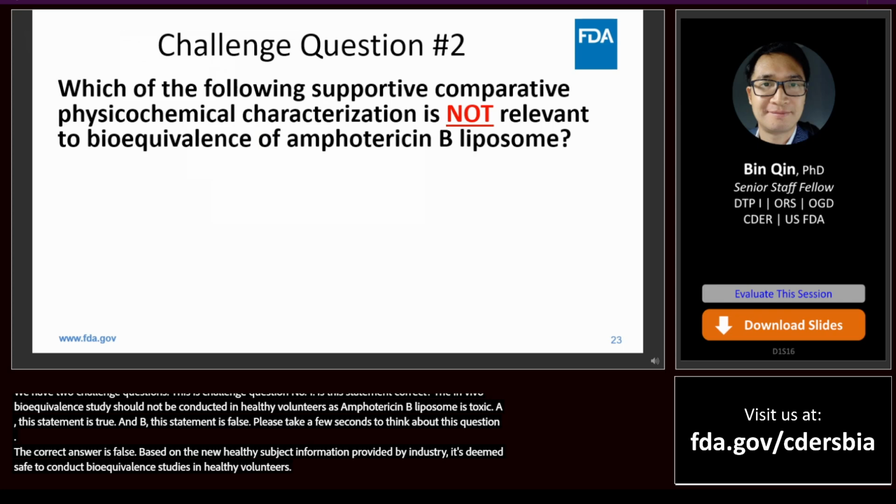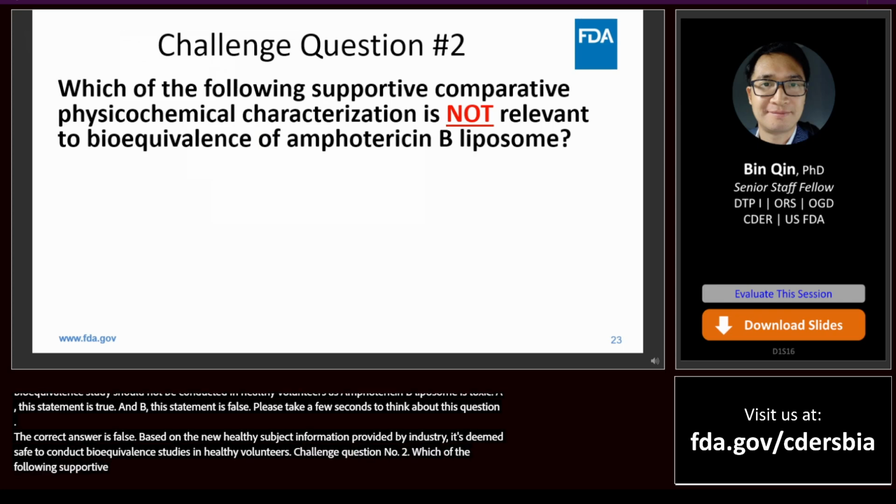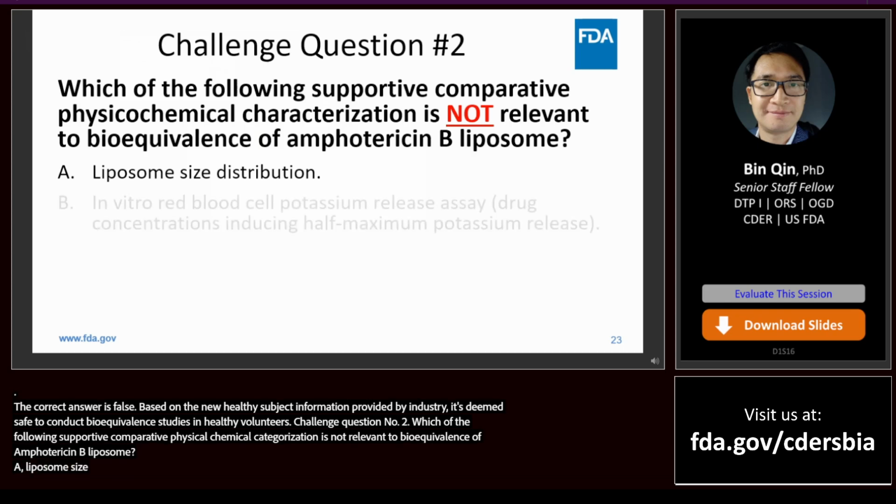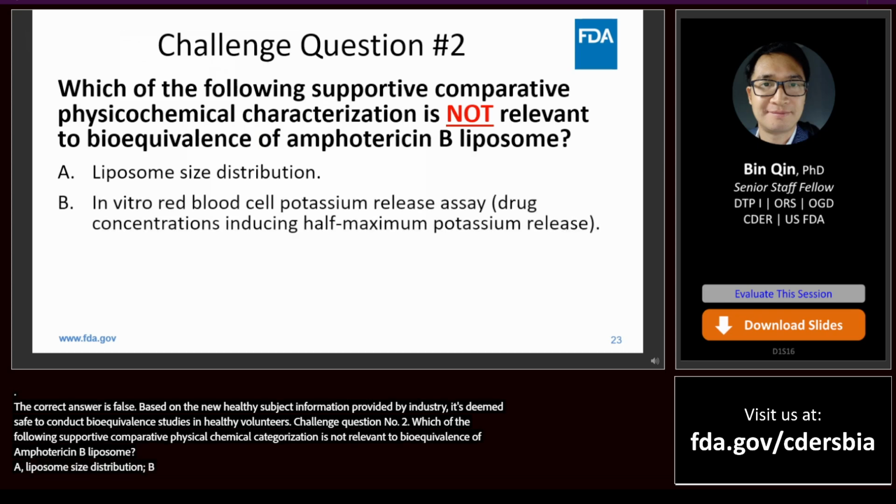Challenge question number 2. Which of the following supportive comparative physicochemical characterizations is not relevant to bioequivalence of amphotericin B liposome? A. Liposome size distribution. B. In vitro red blood cell potassium release assay. C. State of associated drug and lipid bilayer.